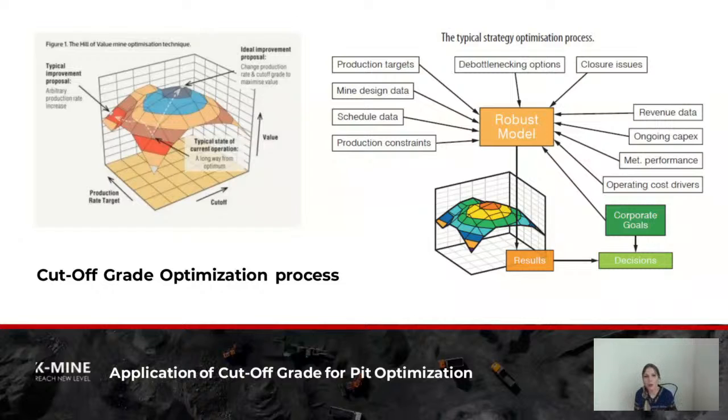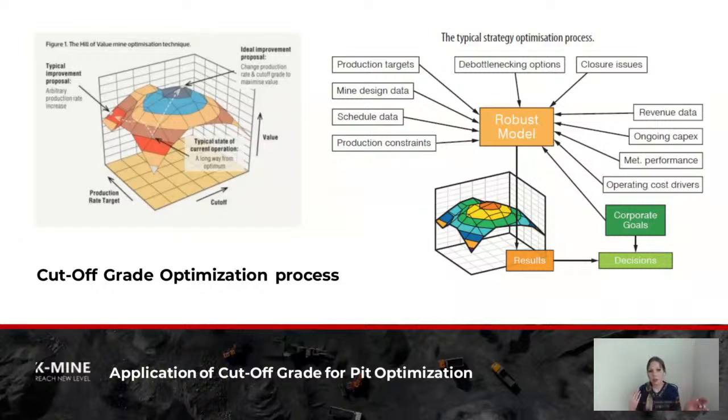It can also be done with the help of optimization software using the maximum NPV criterion during the entire life of mine. The cutoff grade values obtained here should be taken as a guide for all stages of mine planning. Only small temporary deviations from this guide are allowed, with a mandatory return to it as the situation stabilizes.